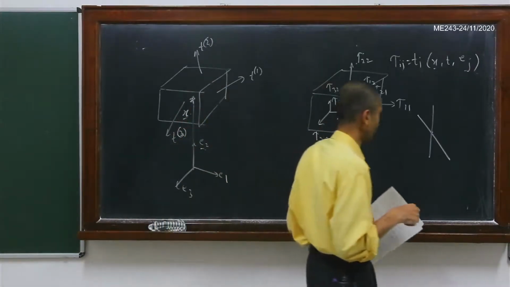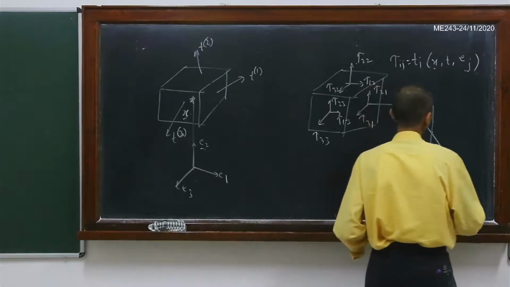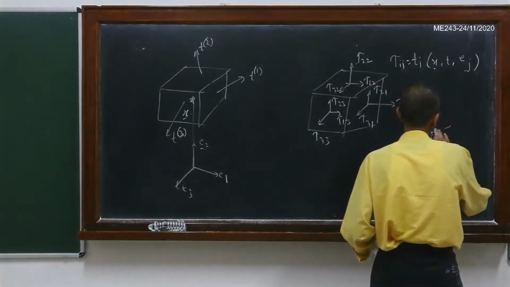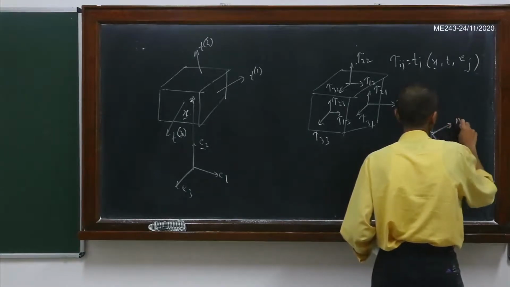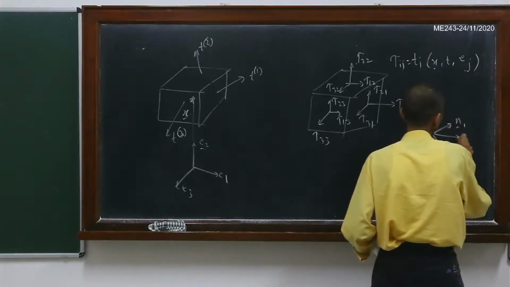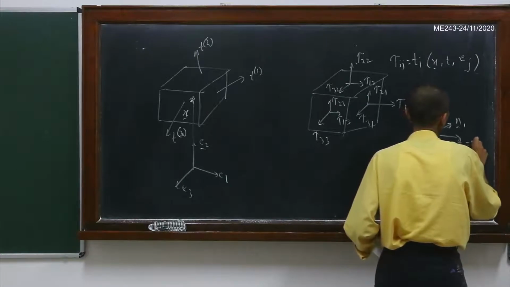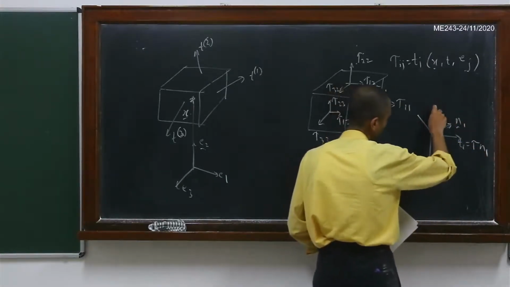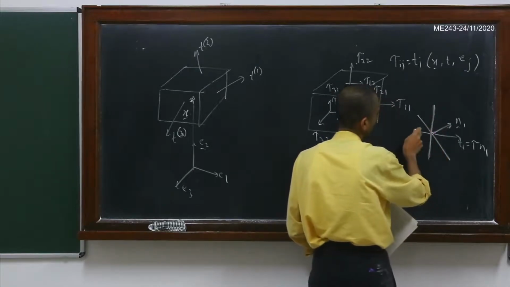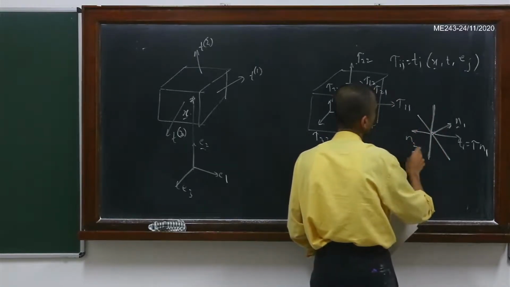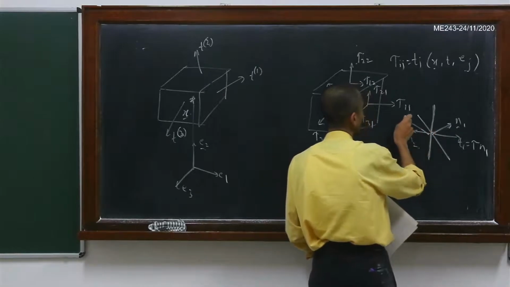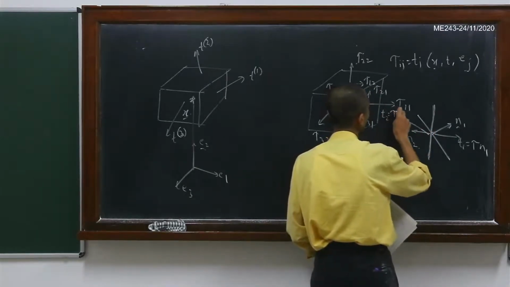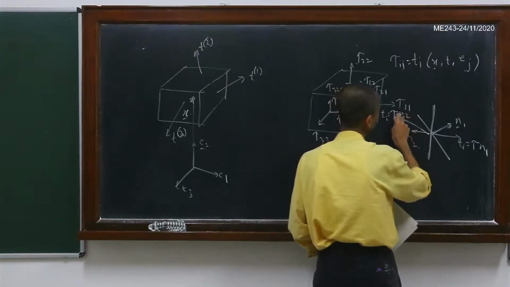So suppose I wanted to compute the traction on this particular surface. Suppose the normal was n1, correct? Then the traction T1 would be equal to tau times n1. And suppose I wanted to compute the traction on this particular surface, and suppose the normal on this surface was n2, then the traction T2 is equal to tau times n2. So the tau itself is not changing, right?